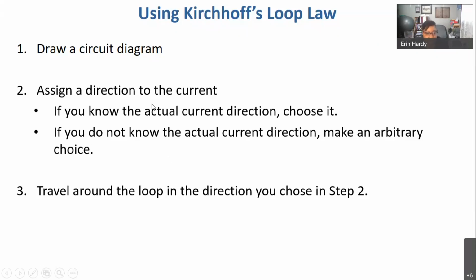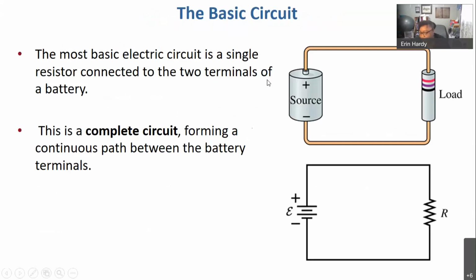So choose a direction to go through the loop that you've determined in part 2, and then apply the loop law. So figure out where junctions are if they exist, track how the current heading into that junction compares to the current coming out of that junction. And then if you pair that up with Ohm's law, you can really tackle the simplest circuit to the most complex ones. And we're going to start with simple circuits to start with.